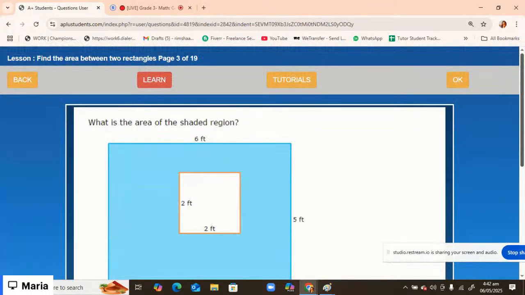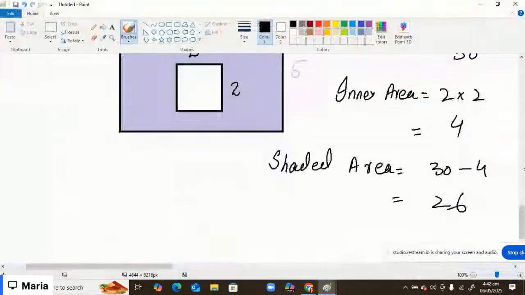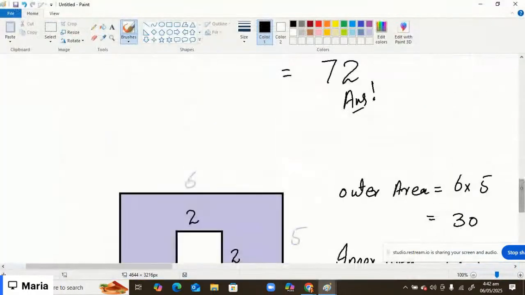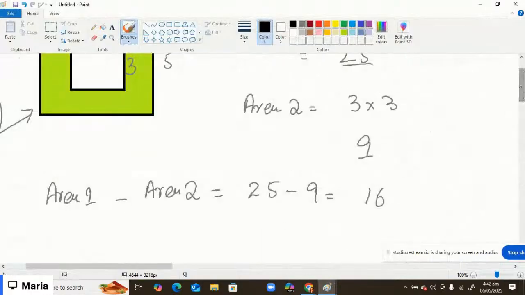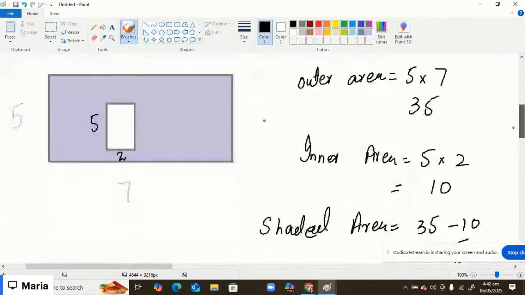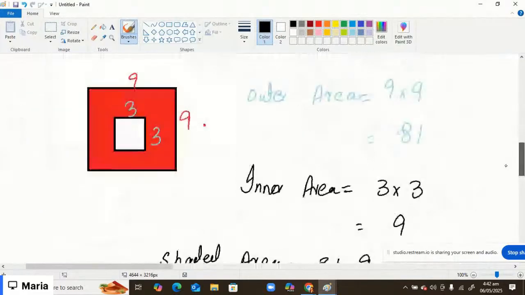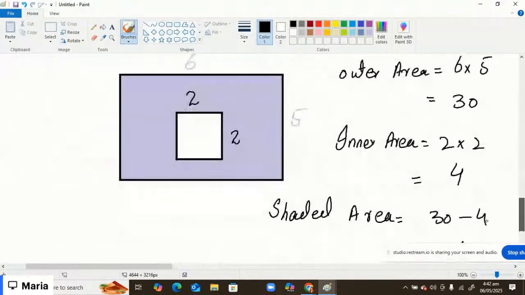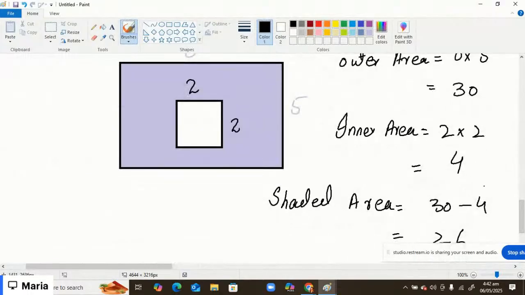Hope you guys understand this lesson. So here is the lesson in which we basically discuss the area of the shaded regions. Here are the different shapes: a square, a rectangle inside a rectangle, an outside square with an inside square, an outside rectangle with an inside square. You just multiply the numbers.